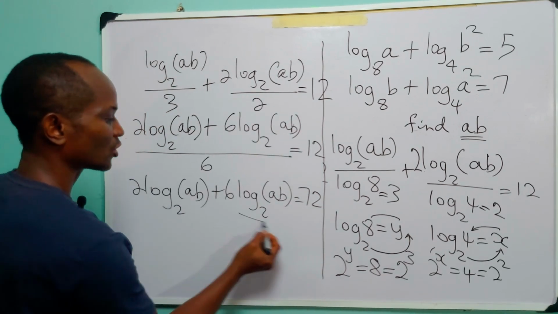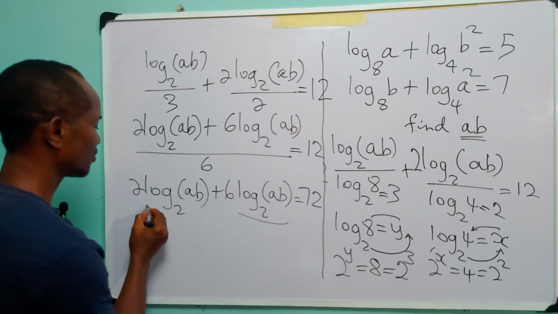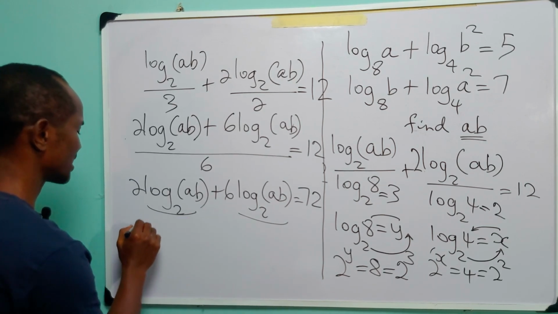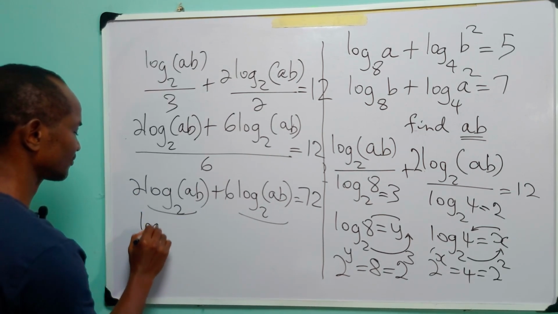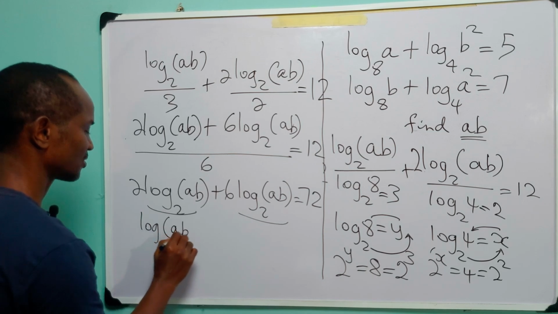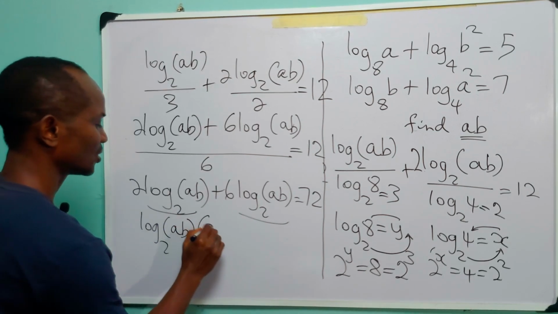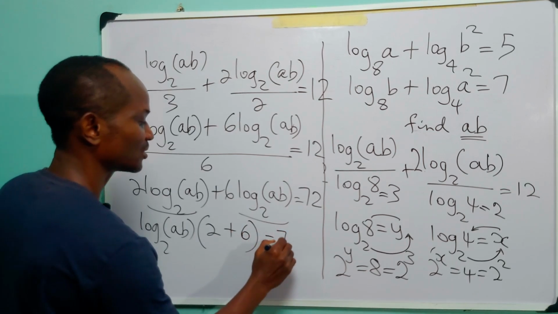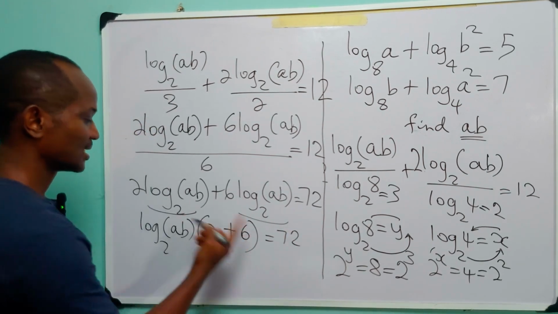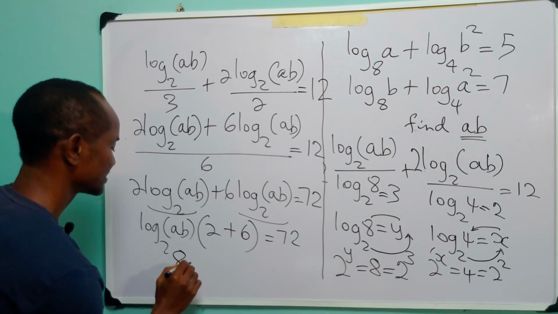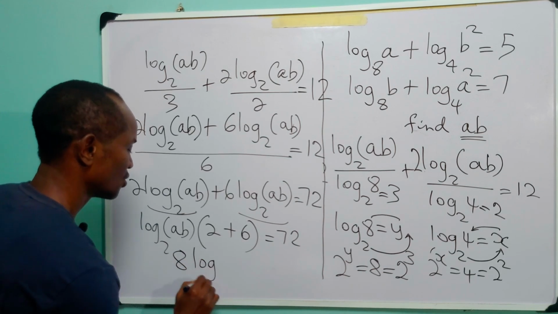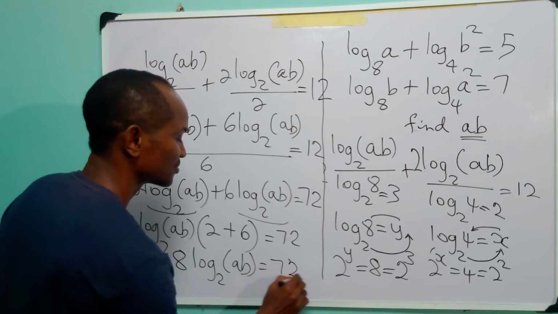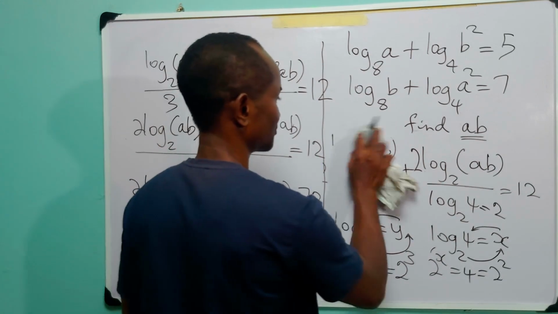Now we have log to base 2 of AB here, and we have log to base 2 of AB here, so we can factorize that out, which means that we have log to base 2 of AB into 2 plus 6 is equal to 72. This is simply 8 times log to base 2 of AB is equal to 72.